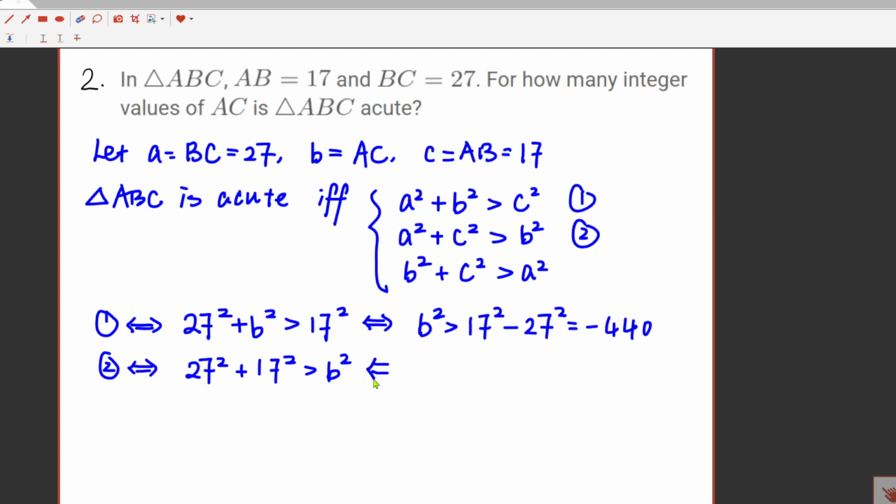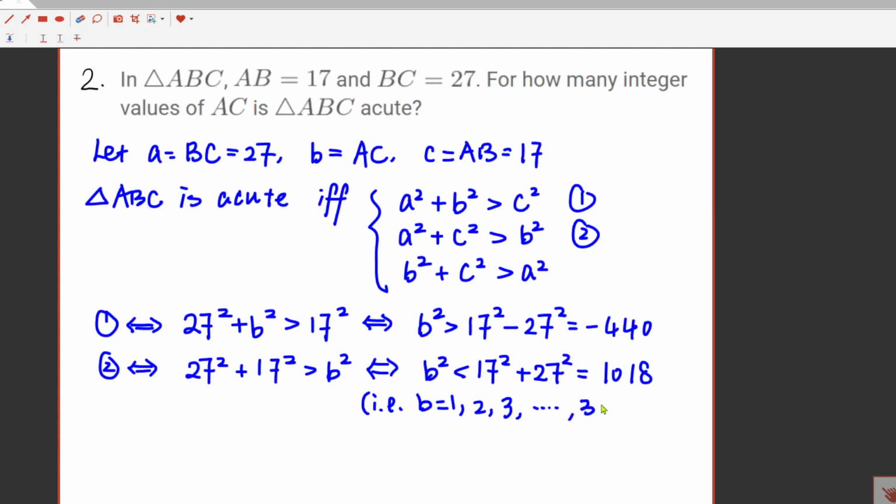And this can be simplified to b squared must be less than 17 squared plus 27 squared, which is 1018, right? This is satisfied by b equals from 1 to 31, right? Because if b equals 32, then b squared is greater than this number. So this means b equals 1, 2, or 3, all the way until 31, right?